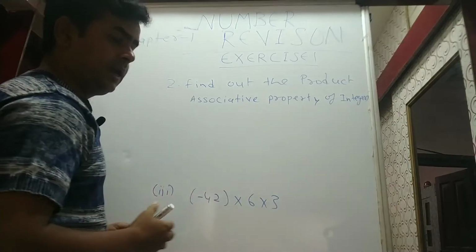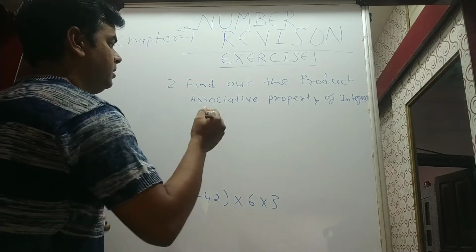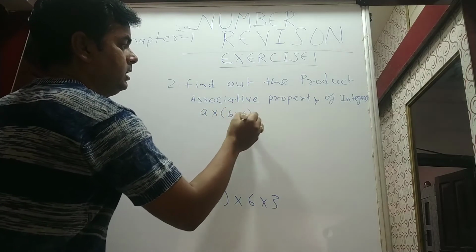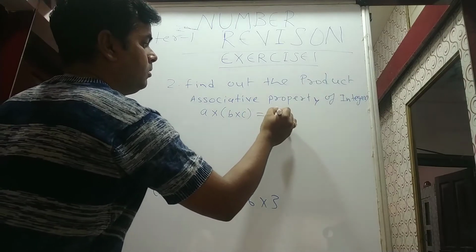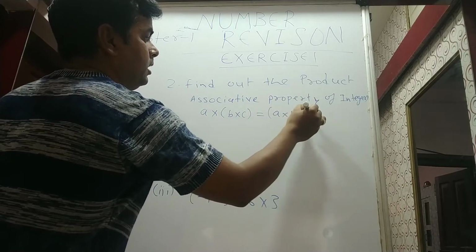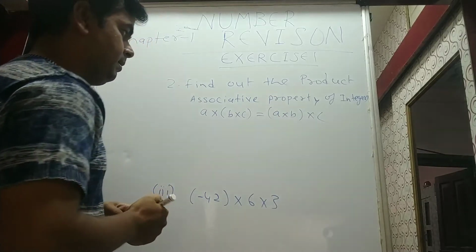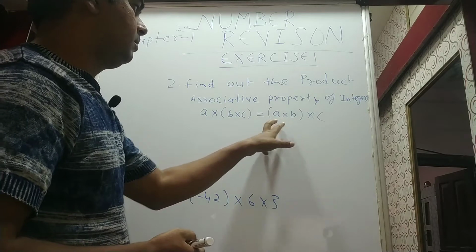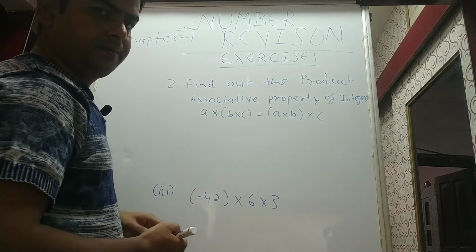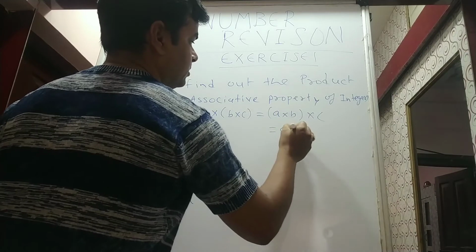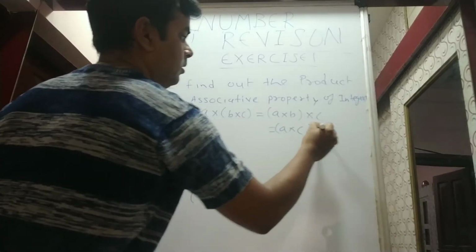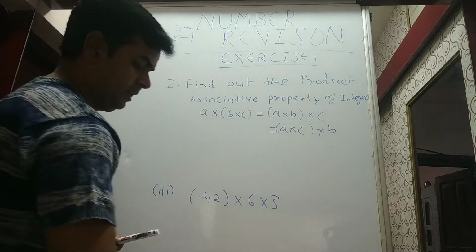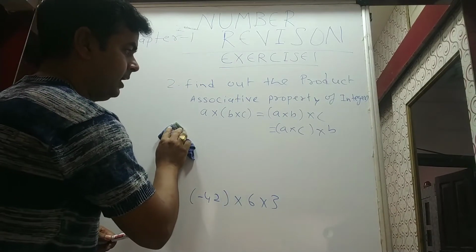So if there are three integers, a into b into c can be equal to a into b into c with the grouping changed. What does that mean? If it is in multiplication, we can take this group or this group also. We can write like this also. This is the associative property of integers. This will apply here. Let us see.